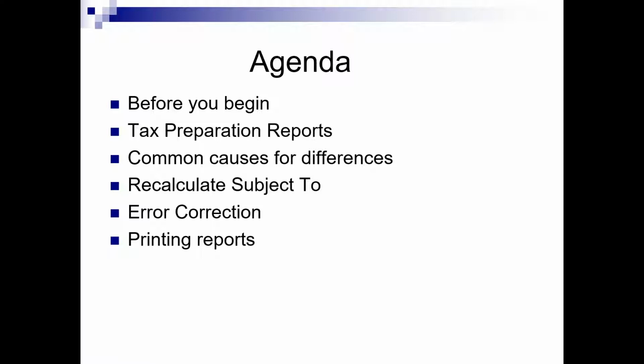And if we find a problem with those amounts, we're going to take a look at the Recalculate Subject to program that will allow us to rebuild those dollar amounts based on the checks that have been entered to the employee. We'll also look at some other error correction tips. And then we're going to briefly get into Atrix and look at printing the quarterly reports, first by state, and then the federal quarterly forms.